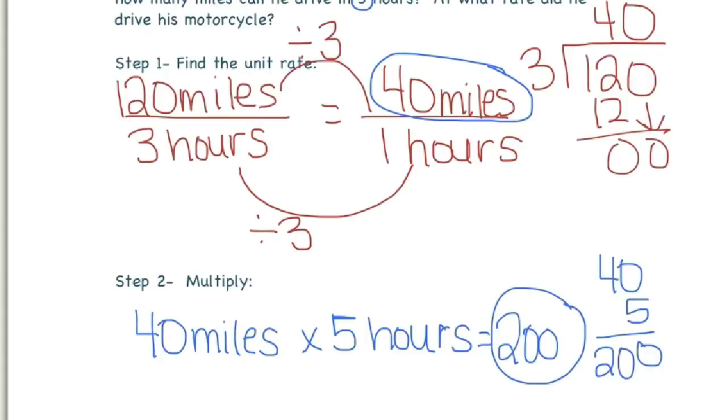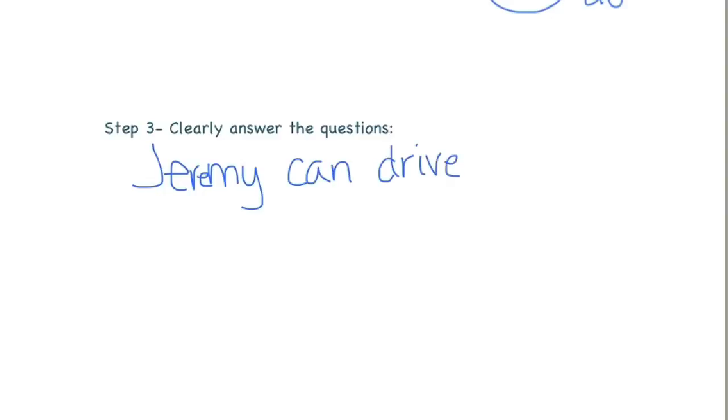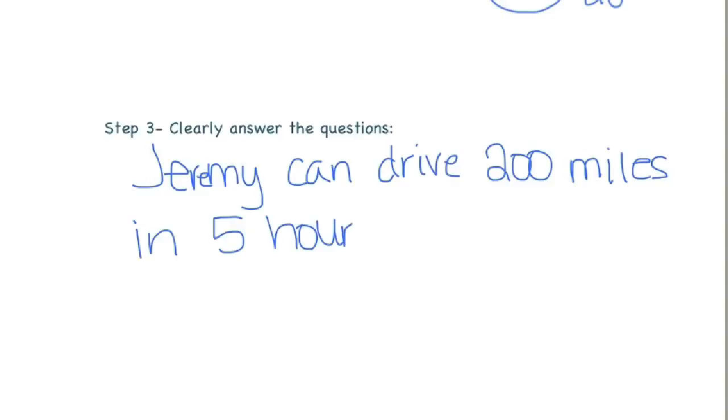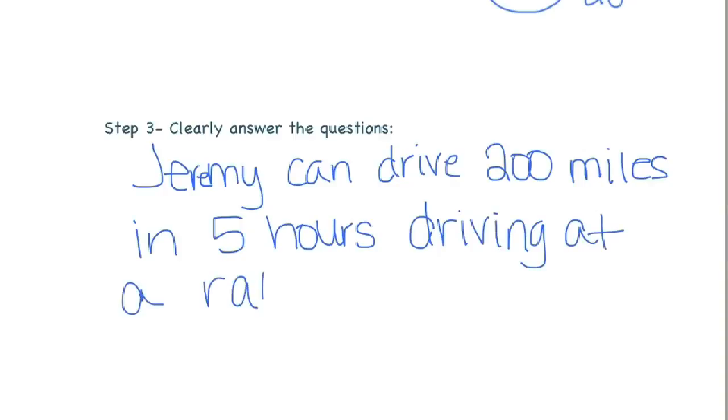And finally, just like any word problem that we would do, we need to make sure that we clearly answer our question. So our final answer is that Jeremy can drive 200 miles in 5 hours, driving at a rate of 40 miles per hour.